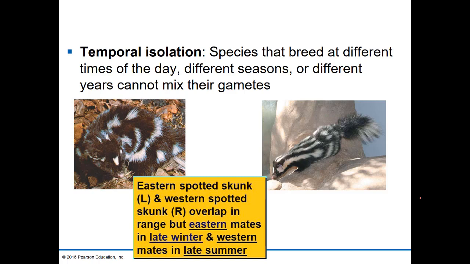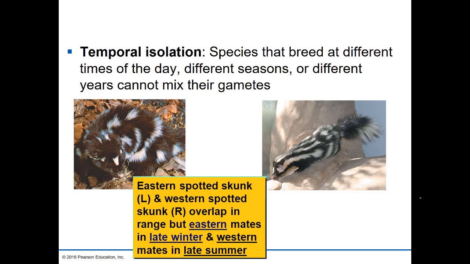The best example of temporal isolation would be species that breed at different times of the day or during different seasons or different years, and so they just can't mix their gametes because they're not in reproductive mode. So the best example are these eastern and western spotted skunks. While their habitats do overlap, the eastern mates in the late winter and the western only mates in the late summer.